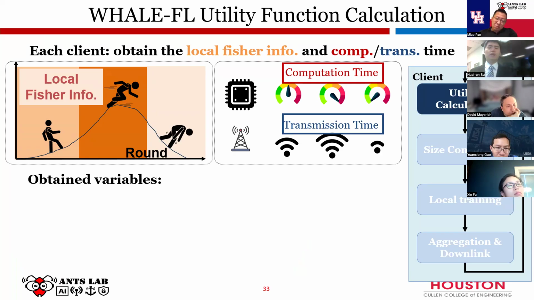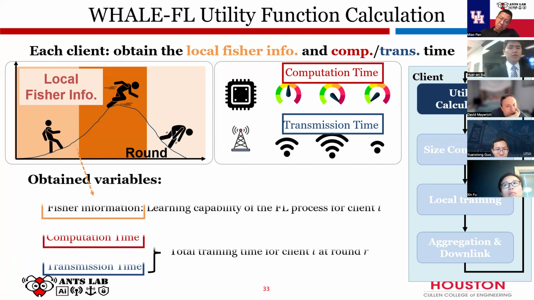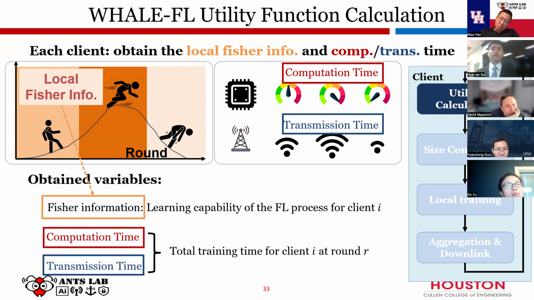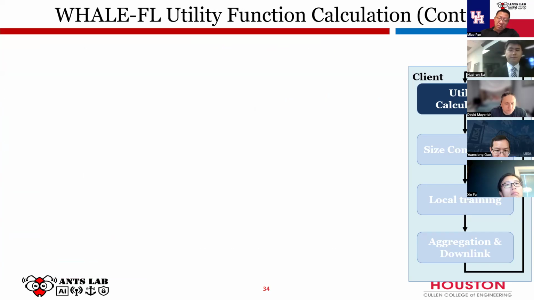So if we have a larger subnetwork size there, it's going to help the training. The obtained values are first the Fisher information, which is the learning capability of the federated learning process for client i. The other two are the computation time and the transmission time, which make up the total training time for client i at round r.